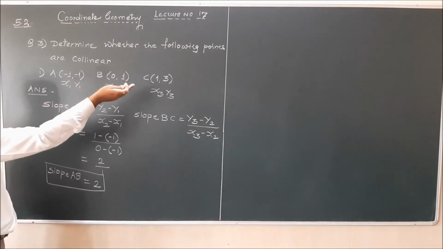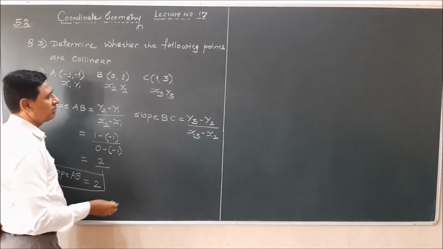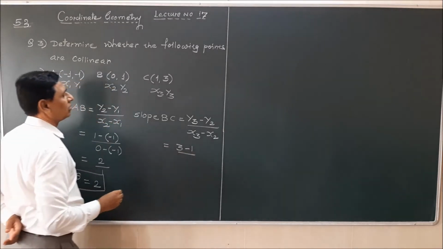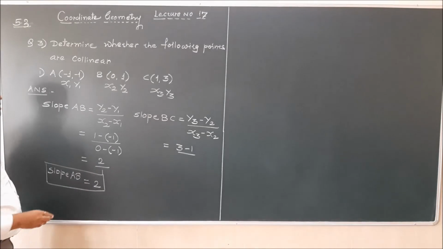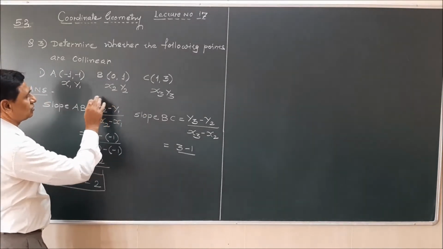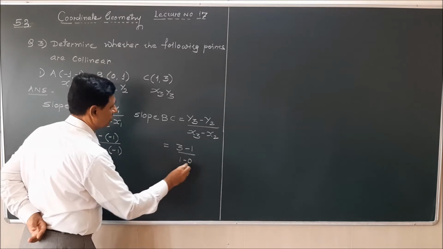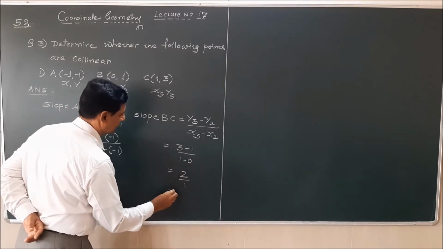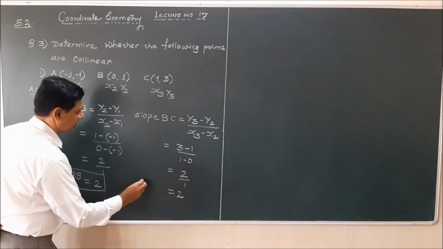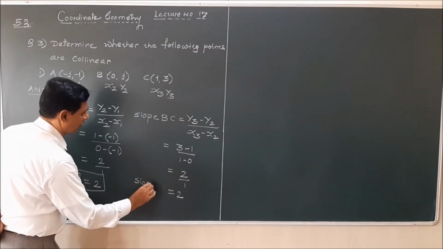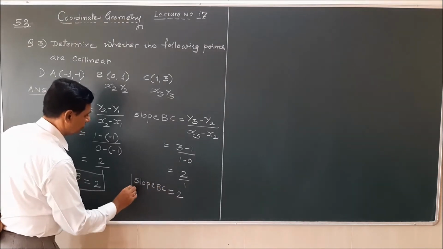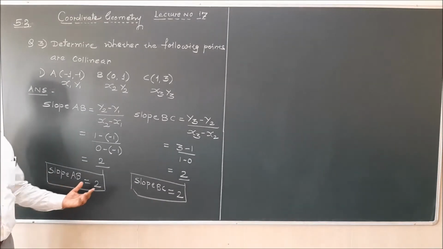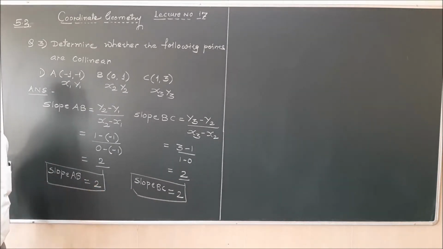So 3 minus 1 upon x3 minus x2, that is 1 minus 0. So here also you will find 2 upon 1, that is equal to 2. So slope of BC is equal to 2. Slope of AB is equal to slope of BC, and that is equal to 2 each.